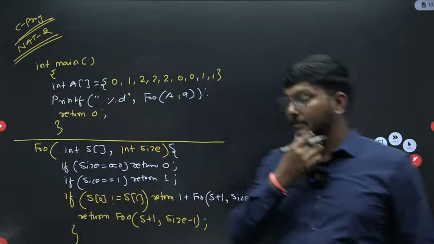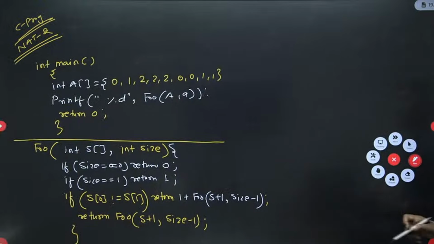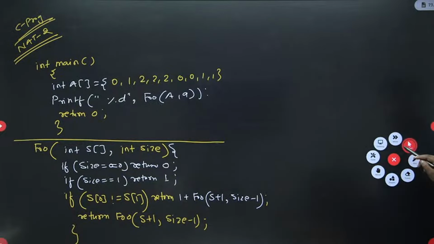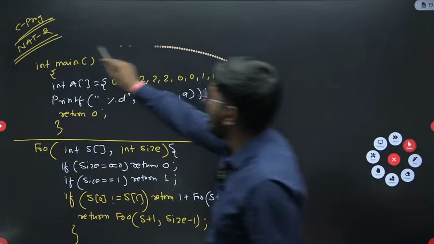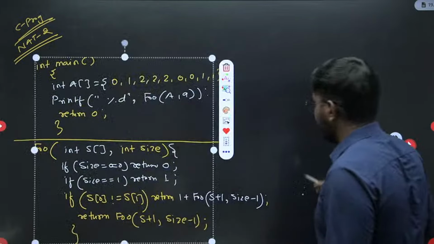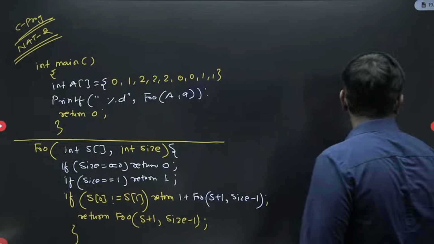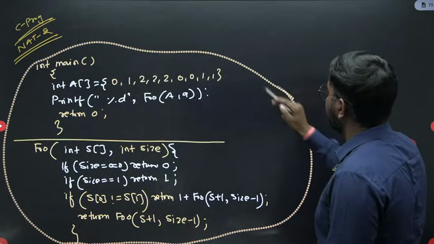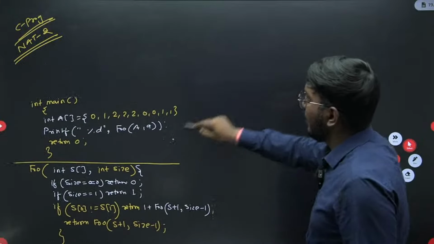Anyone solve the question? The question was, what is the value printed by this printf? Quickly tell me. Anyone solve this question? What was the answer? It's a simple, easy question, it only needs backtracking.